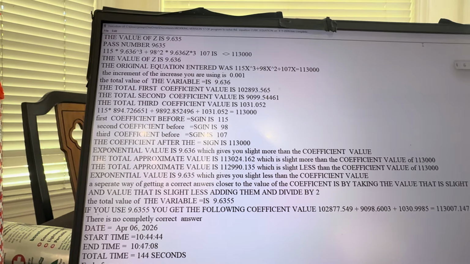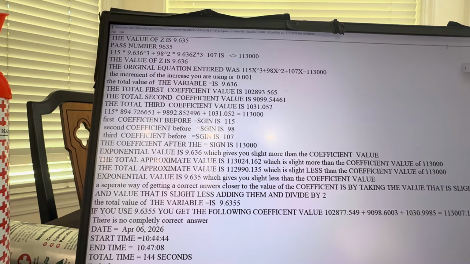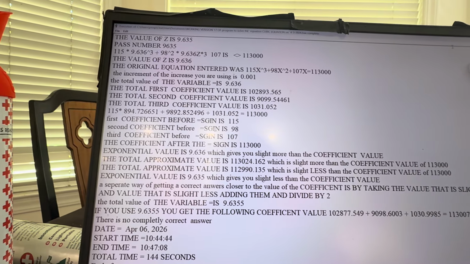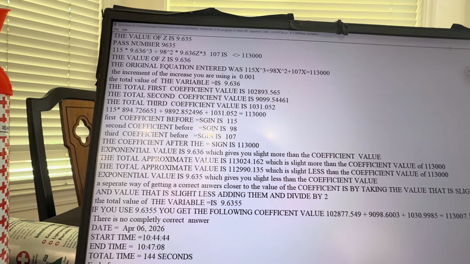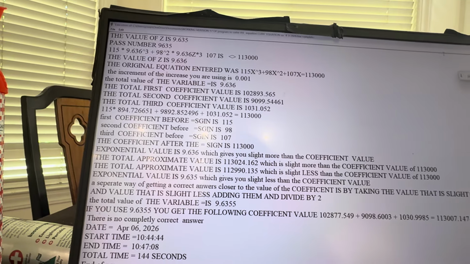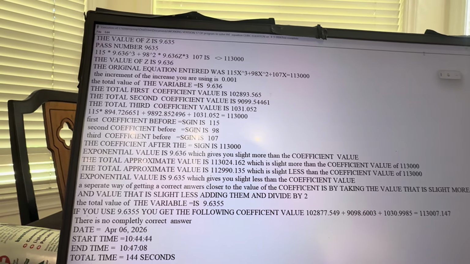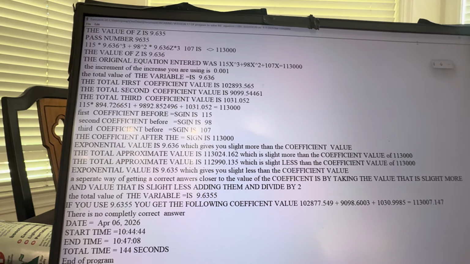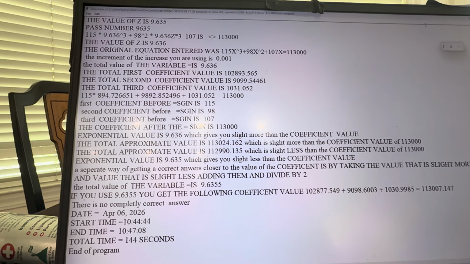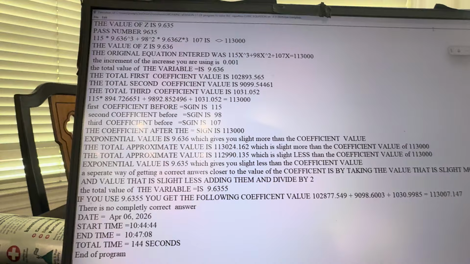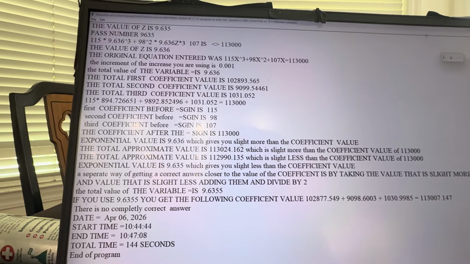If you use the variable 9.635, you get 112,990.135, which is slightly less. You take the two, add them, divide by 2. You then get 9.6355, and you get the coefficient of 113,007.147.